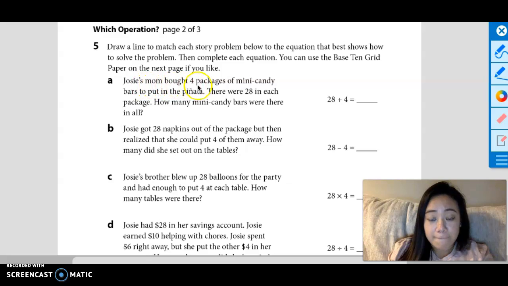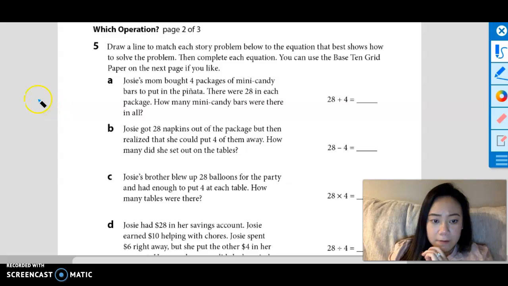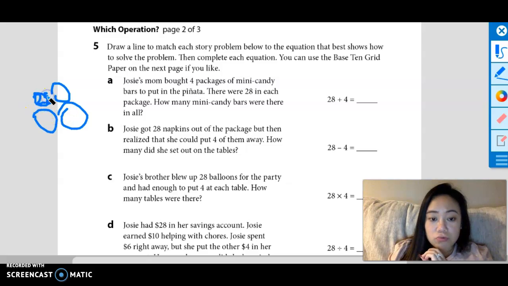Josie's mom bought 4 packages of mini candy bars to put in the piñata. There are 28 in each package. How many mini candy bars were there in all? So she bought 4 packages, and there were 28 in each.